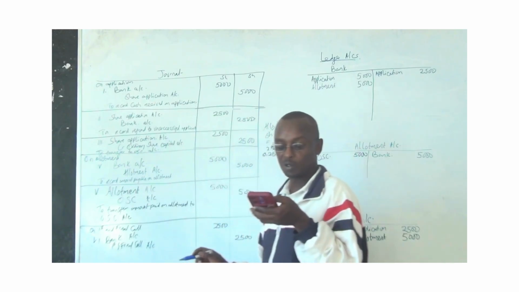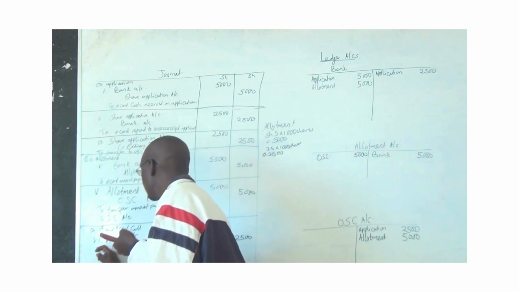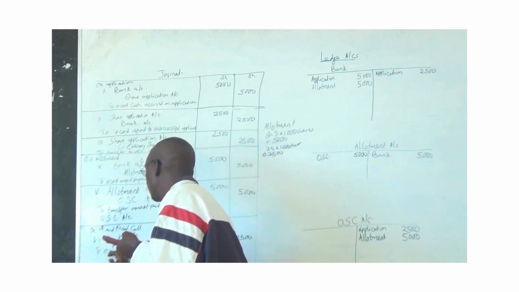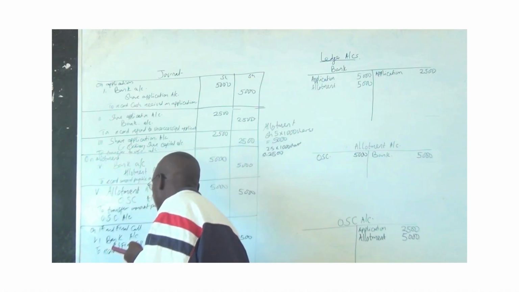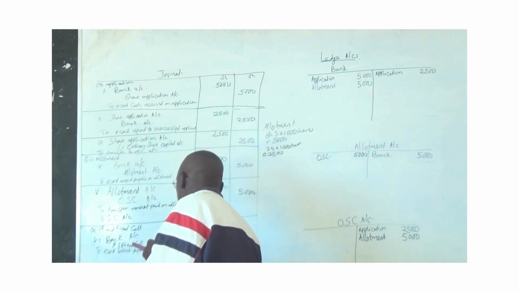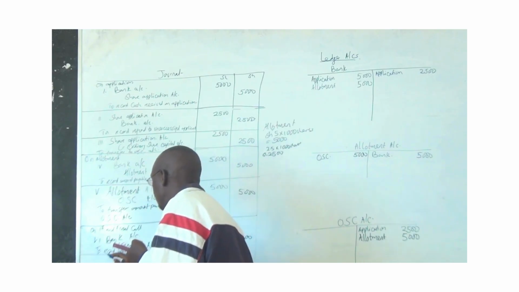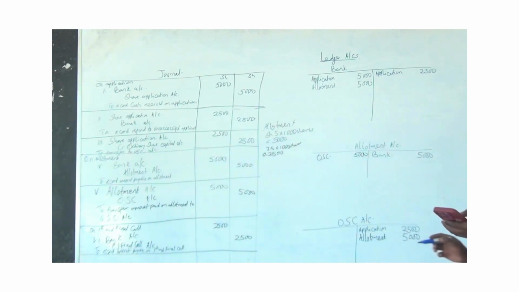Then you record the narration. This is to record amount payable on first and final call, and that was the journal. Then that amount should be recorded in the ledgers.